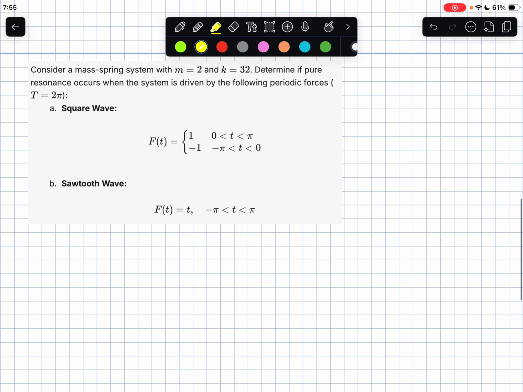So for the first piece of information, we have the mass and the spring constant K equal to 32.